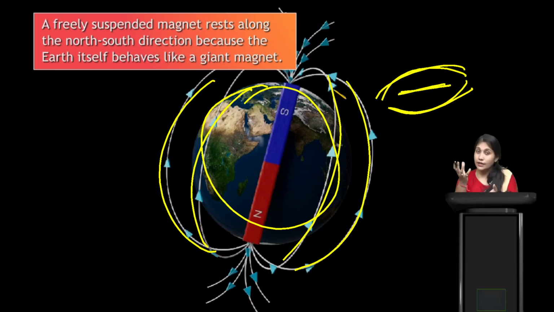And these magnetic fields attract the bar magnet and align it in the north-south direction. Okay, as the earth behaves like a huge magnet, it is generating the magnetic fields, and because of these magnetic fields, the magnets align themselves in the north-south direction.